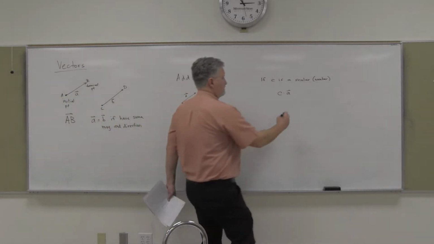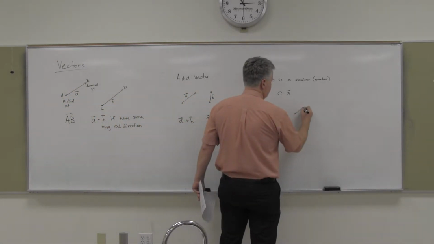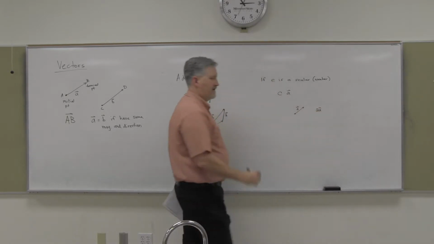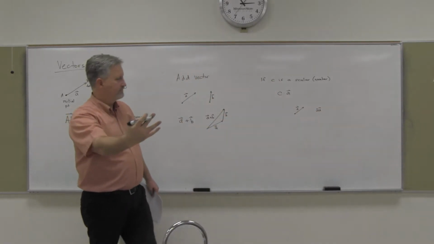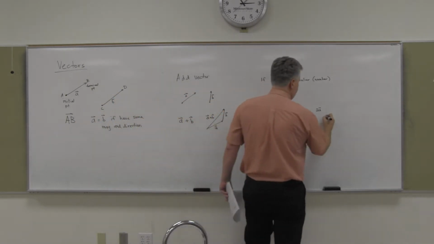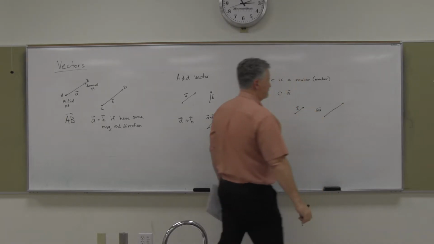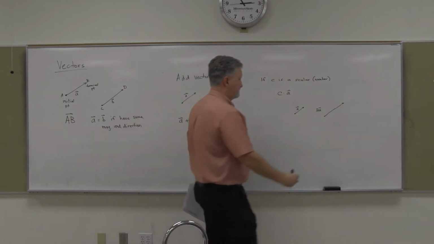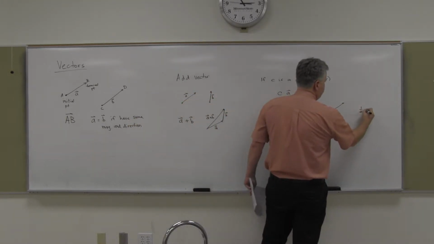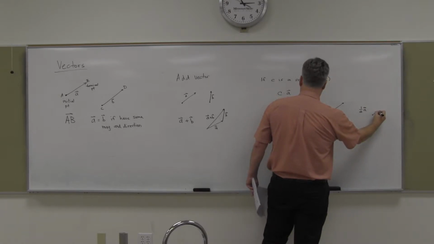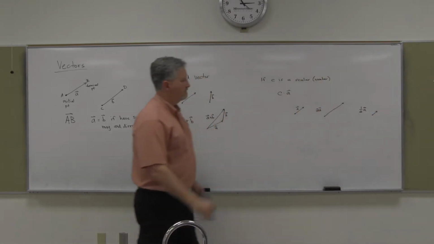So here's A. 2A would take that vector and give it twice the length. Half A would cut it in half, same direction, just half the length.